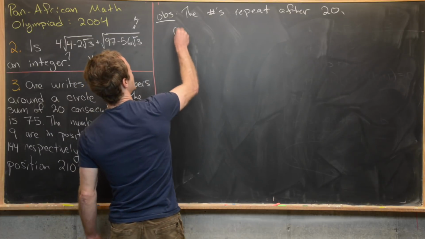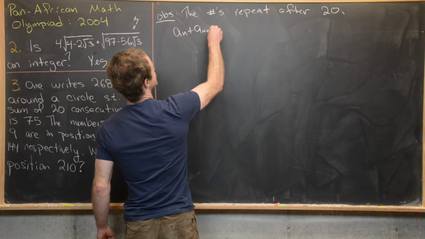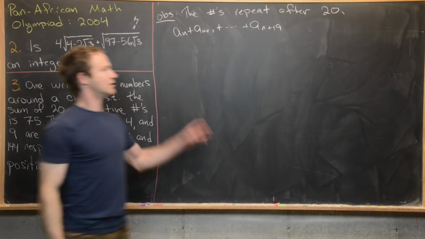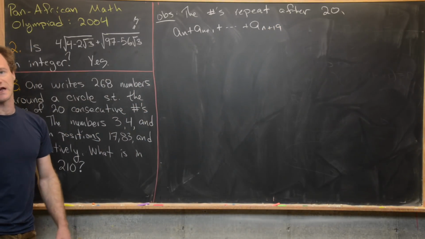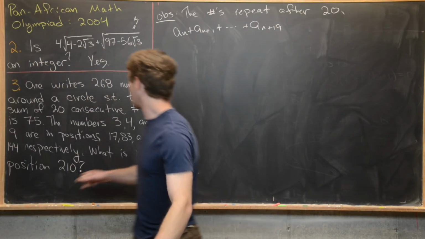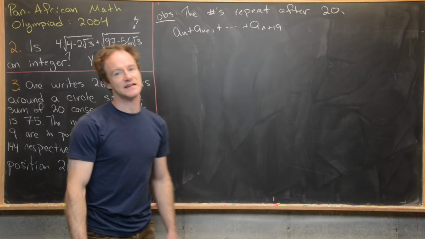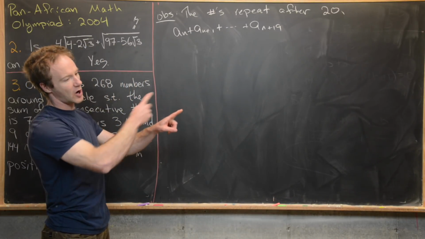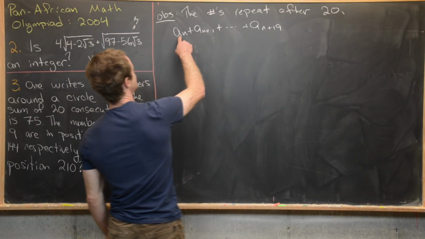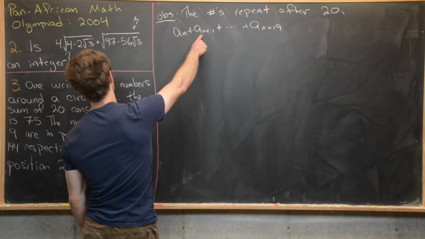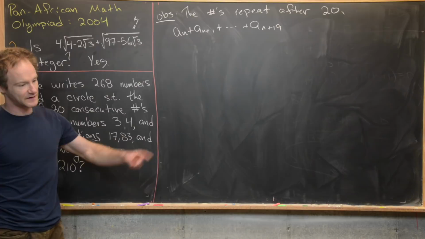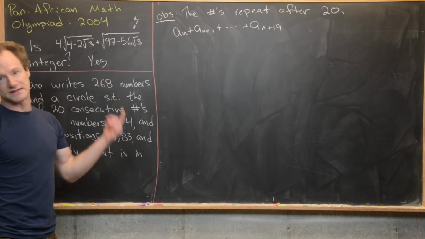Well, let's look at a_{n+1} all the way up to a_{n+19}. Notice that's the sum of 20 consecutive numbers, where I should say my subscript is working mod 268, in case I loop all the way around the circle. So for instance, if this is a_260, then this is going to be a_261, and we'll hit a_268 at some point, but then we'll loop back to a_1.